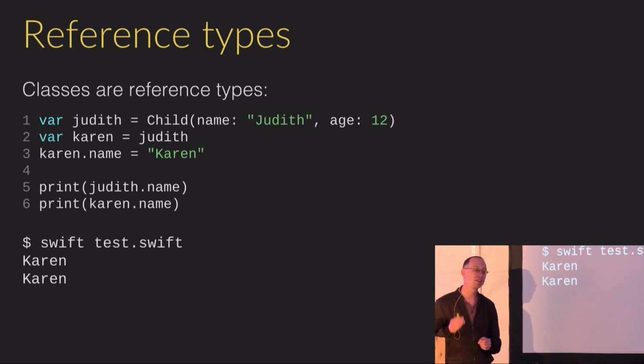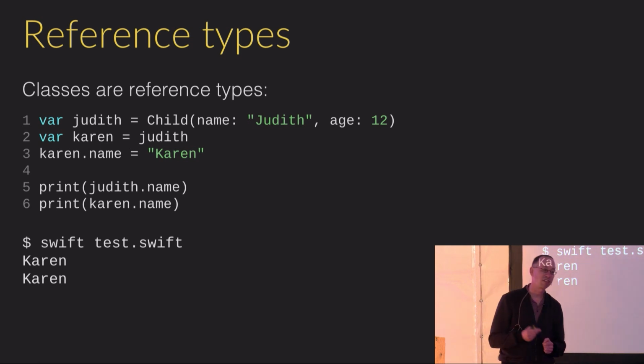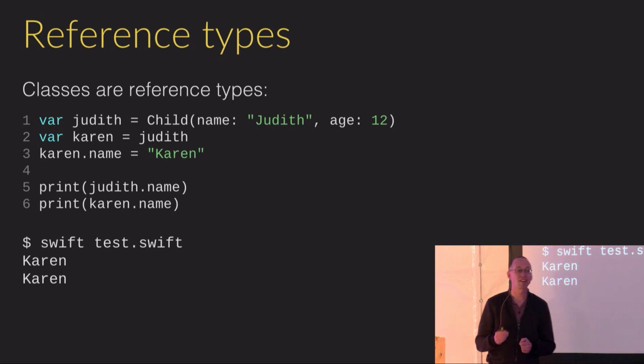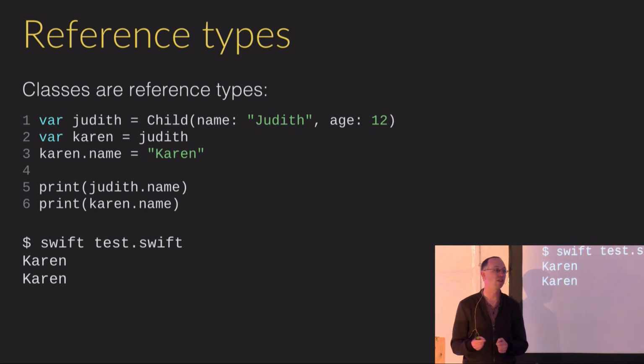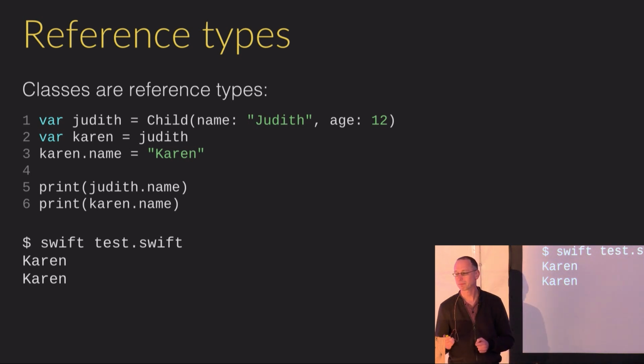That's what a reference type does. Although I've assigned Judith to Karen, Karen is just a reference to the same object as Judith is a reference to, the same instance. Hence, the name is shared between them. That's what reference types look like.